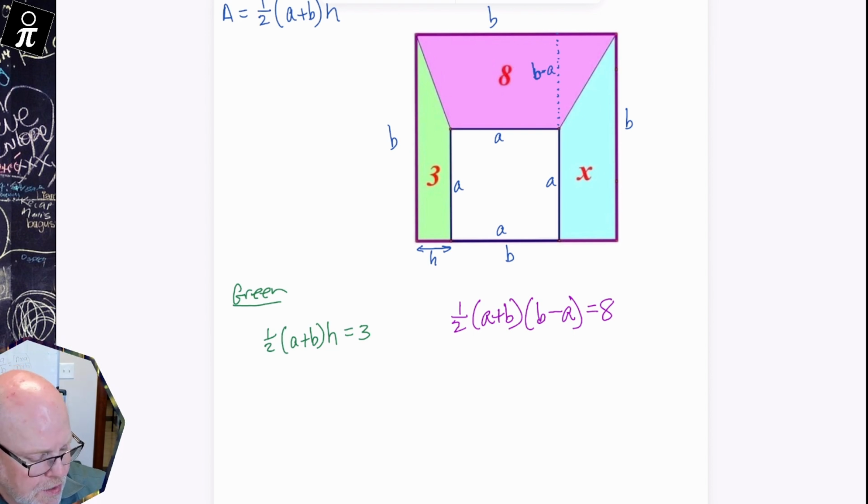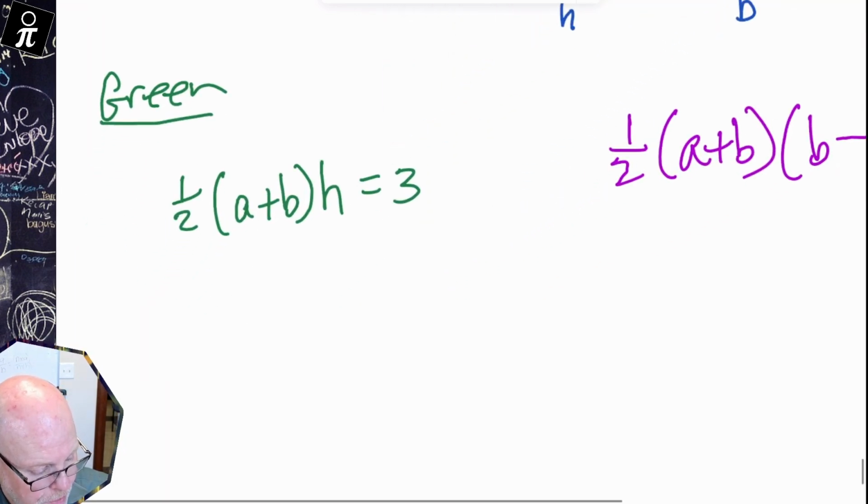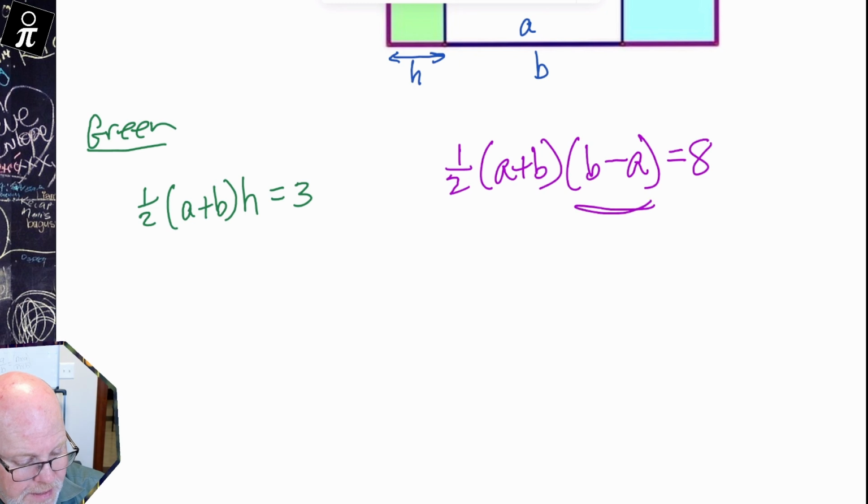So what I want to do is note that this height has to be 3/8 of this height, because that's how we get the area of 3 versus the area of 8. So this height is, by definition, 3/8 of that height.